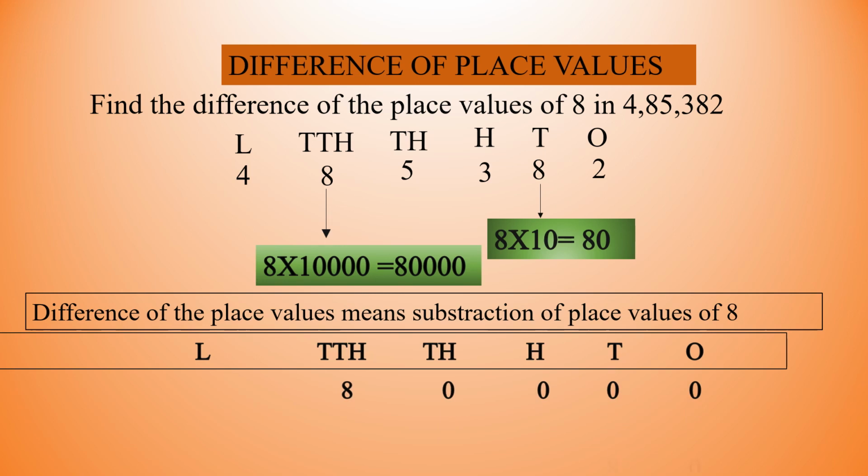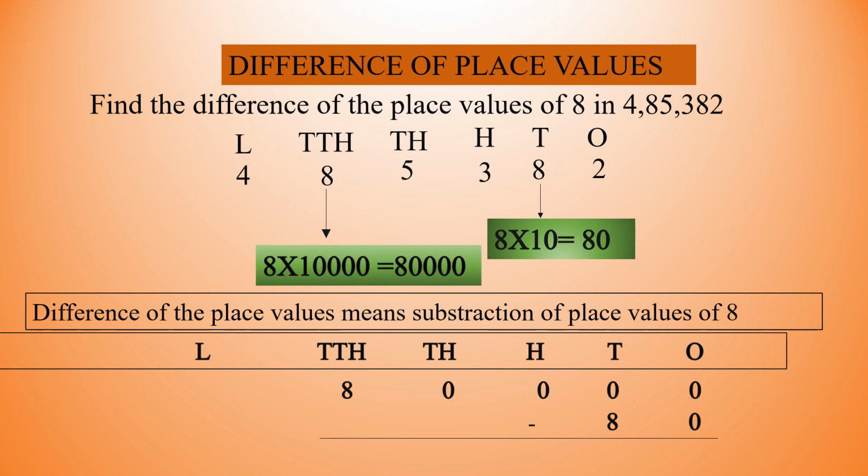Then the smaller number is 80. Now we need to subtract. 0 minus 0 in ones place is 0. 0 minus 8 we can't subtract because a bigger number cannot be subtracted from a smaller number. In that case, we will do borrowing.